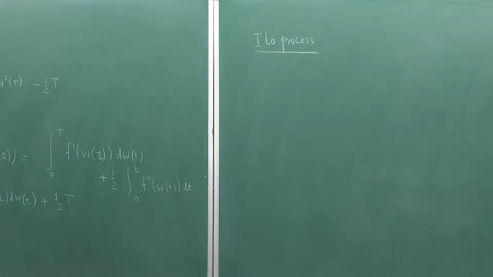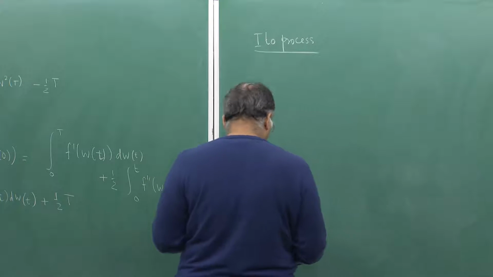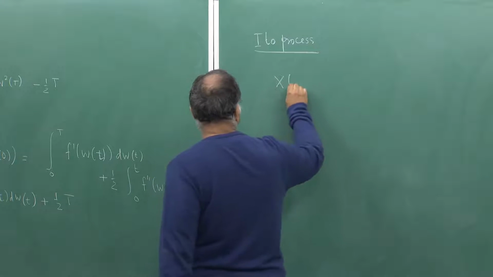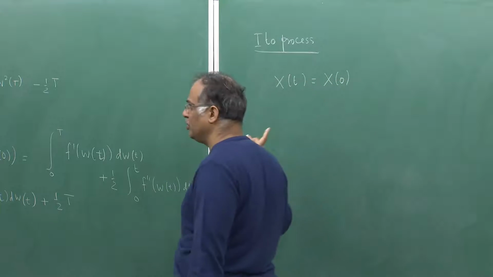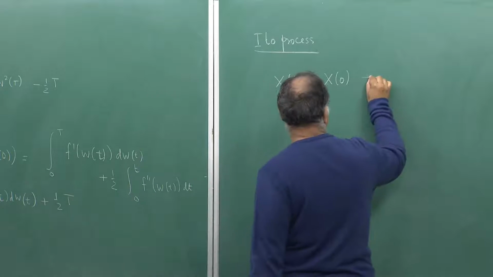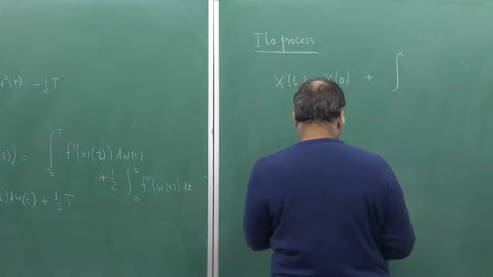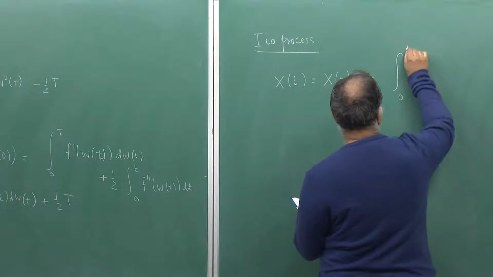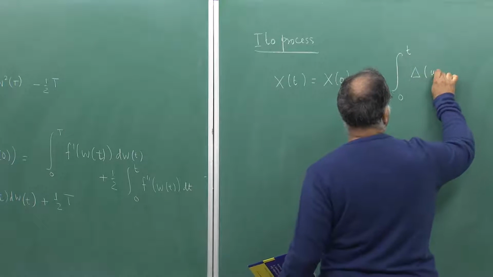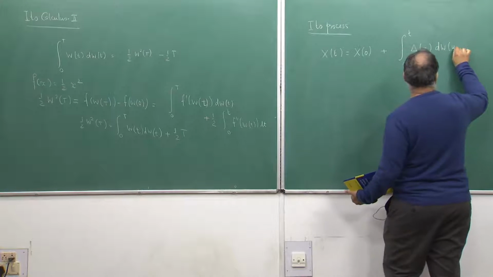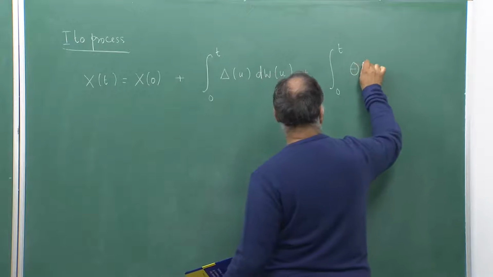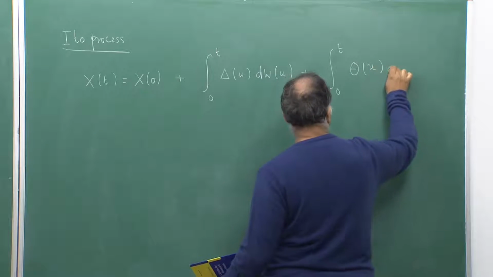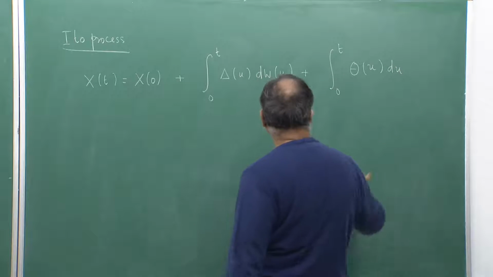An Ito process xt, a stochastic process, consists of x0, which is the 0th value and is non-random, plus an Ito integral, so you have a stochastic integral and then you have an ordinary integral.